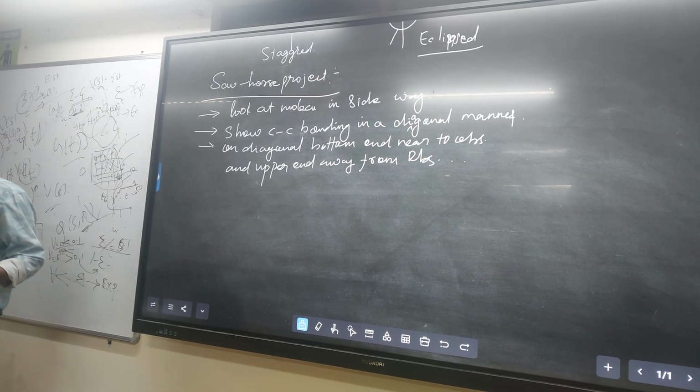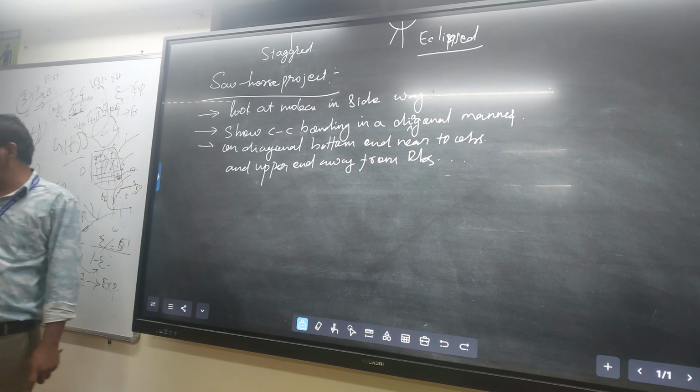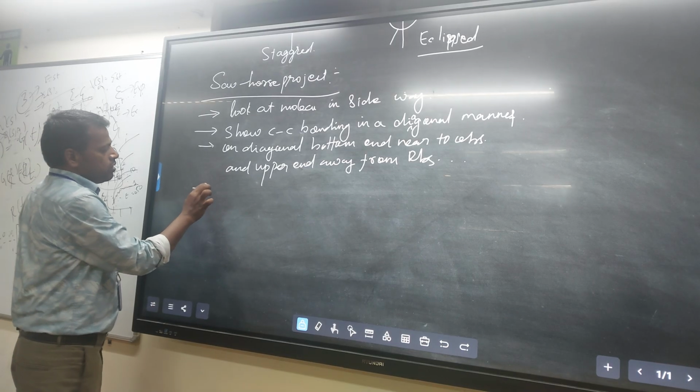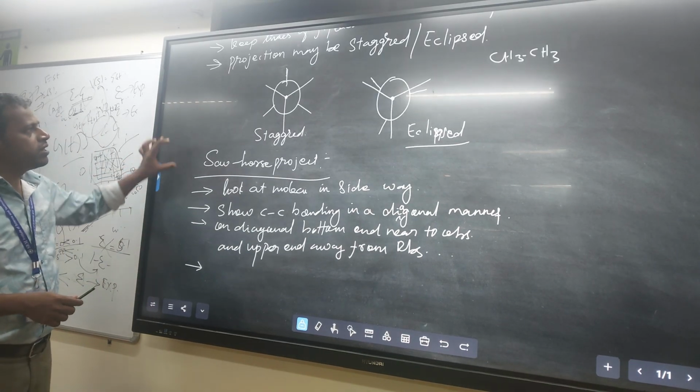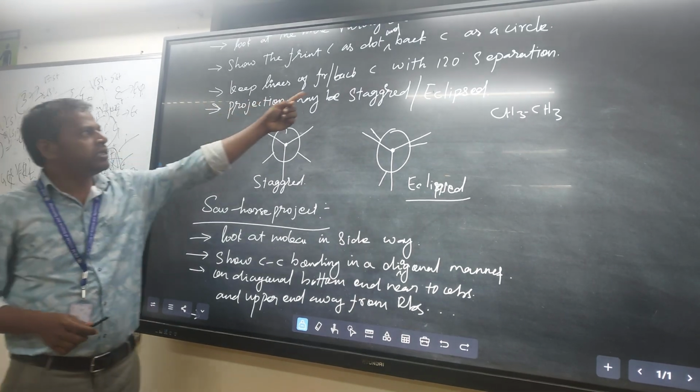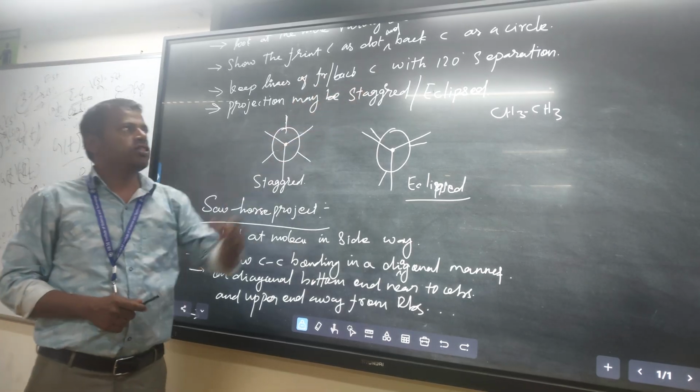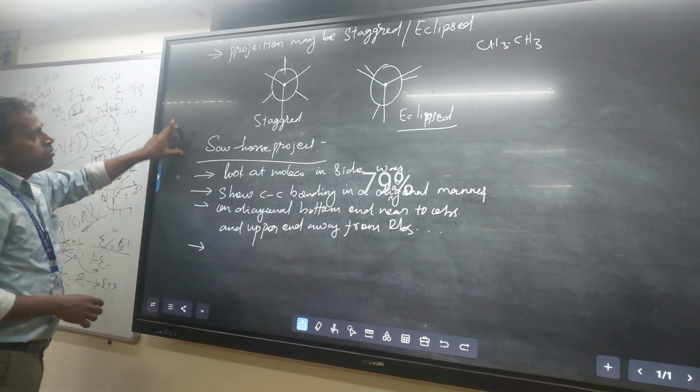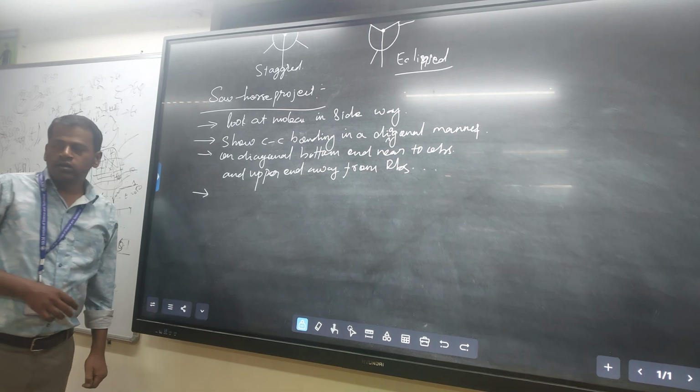The same: keep three lines at each. Whatever rules you are writing here, the same. Keep lines on front and back carbon with 120 degree separation.